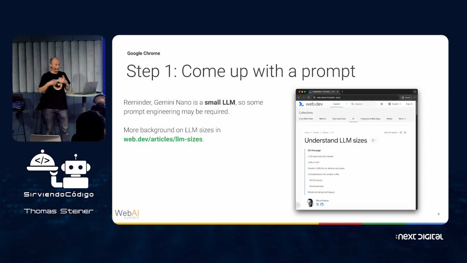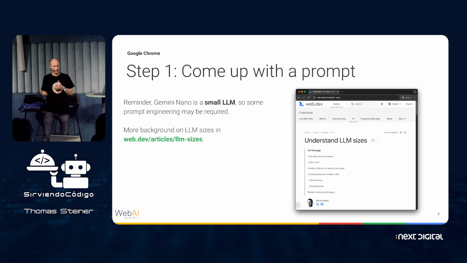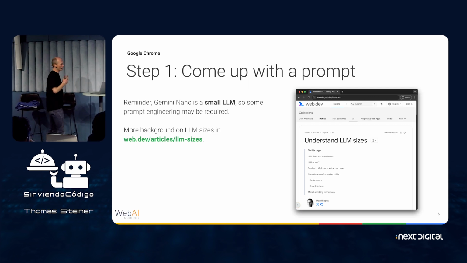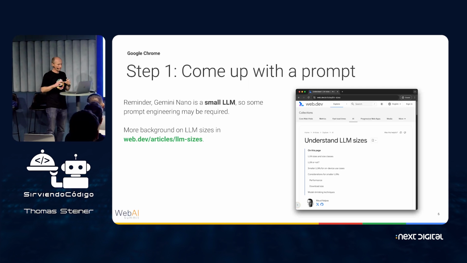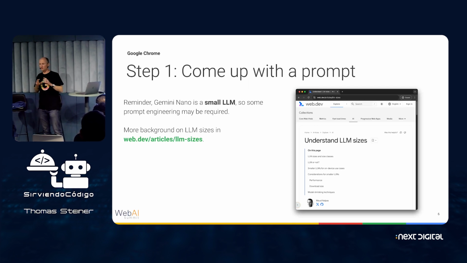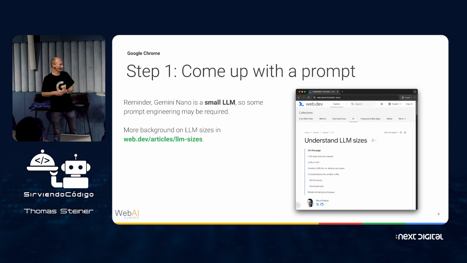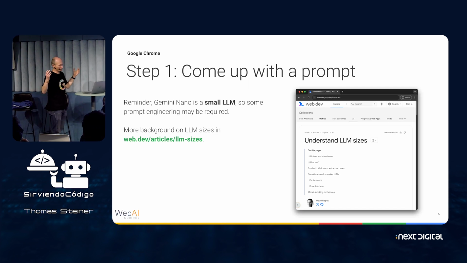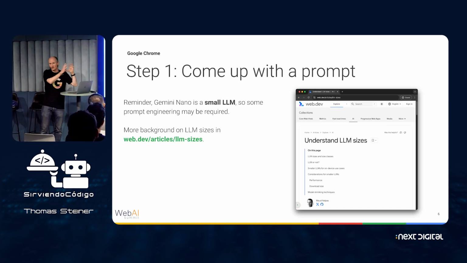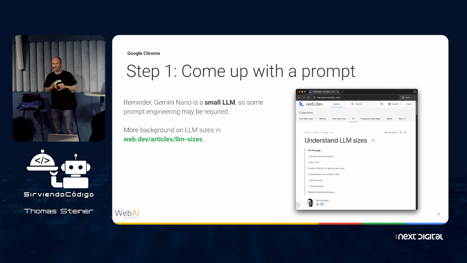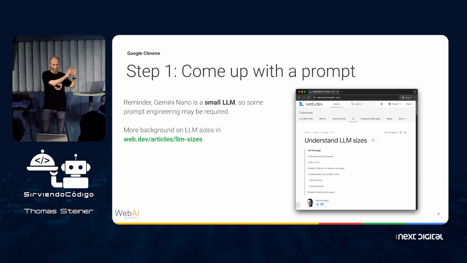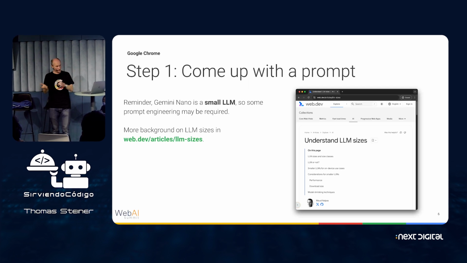Now, once you have come up with this idea, you need to come up with a prompt. To put things into context, you have probably used something like ChatGPT, Gemini, or Claude. Those are really, really large AI models that run somewhere on a server in the cloud. This is a little different.